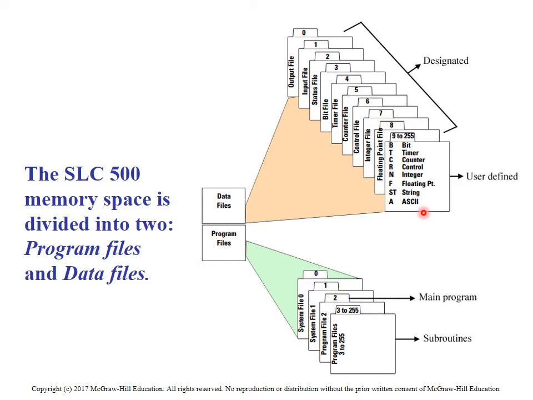And then you've got program files. You've got the system files, 0, 1, 2, and then program file. Here, file 2 is where our main program is going to reside inside the PLC. Any subroutines or other routines we'll be getting into in the future. When we add multiple subprograms, we'll be using subroutines.